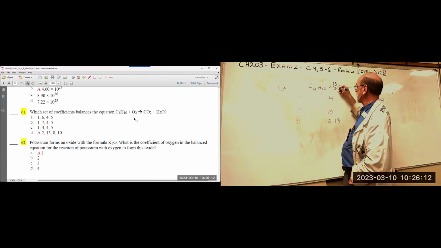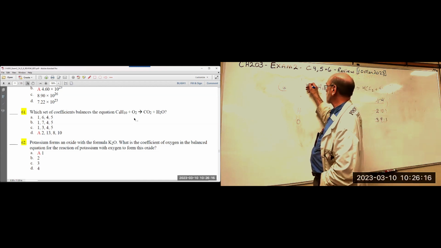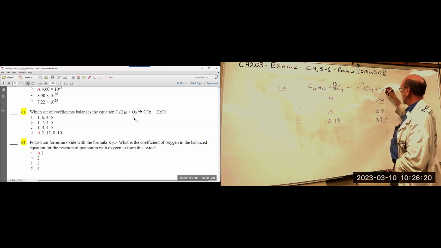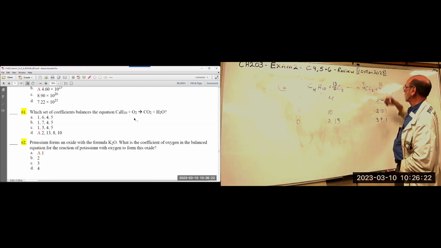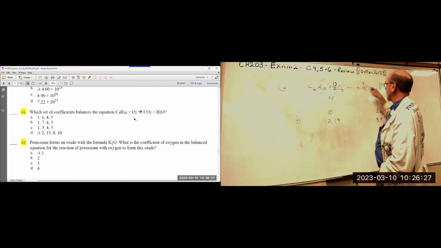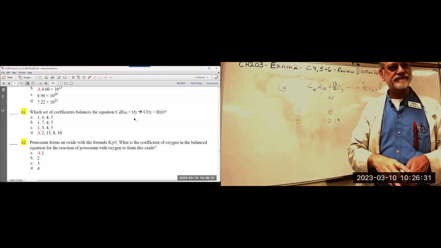So 2 times 13 halves is 13. And then we need a 2 here because it's 2 times 1, and then 8 here, and then 10 here. So we use that 2. It's 2, 13, 8, and 10. That's D.